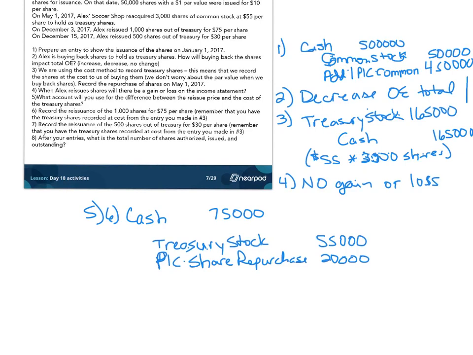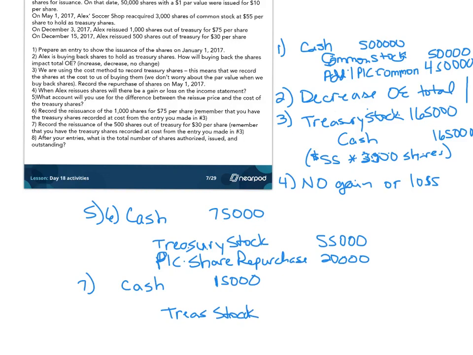Okay. So now we're going to look at this reissuance of those other, not remaining, but 500 more shares. And we did those at $30 each. And so $30 times 500 is going to give me $15,000 in cash. And again, I'm going to get rid of the Treasury stock at that $55 level.